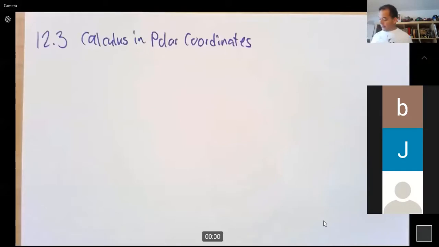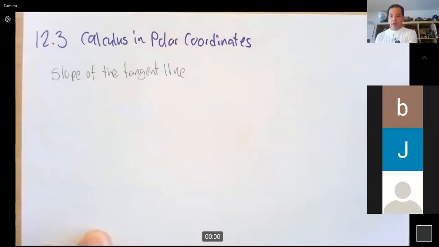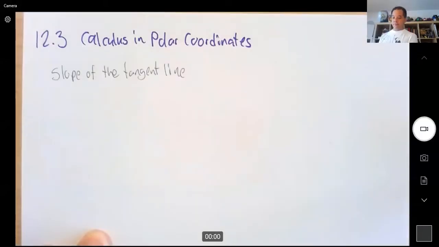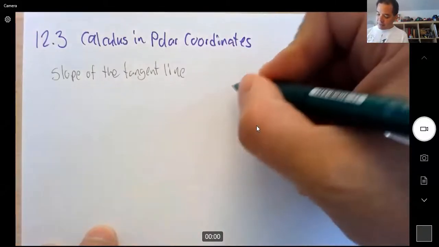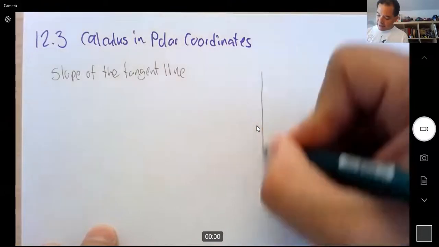So let's go to the paper and start with the slope of the tangent line, right? So what is this problem? Well, the classical problem of the slope of a tangent line is the following.